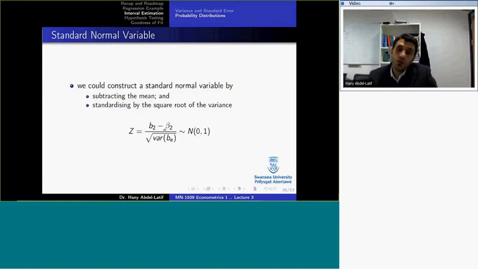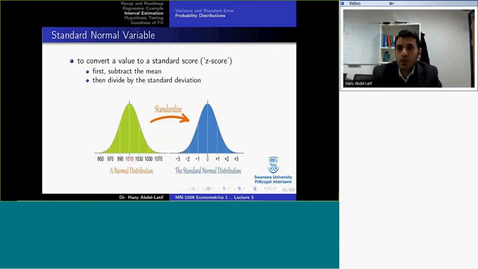So for B2, you subtract the mean, which is beta 2: B2 minus beta 2, divided by the square root of the variance of B2. Then this should follow a normal distribution with mean 0 and variance equal to 1.